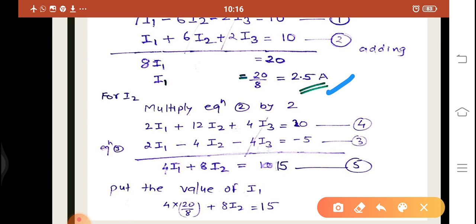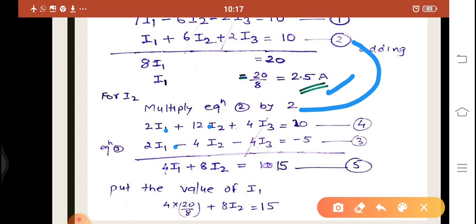Then for I2 you can solve this equation: 2I1 plus 12I2 and 4I1 plus 8I2. Solve this equation by multiplying equation 2 by 2. If you multiply it with 2, this equation will become 2I1 plus 12I2 plus 4I3 equals 20, and equation 3 is this, 4I1 plus 8I2.